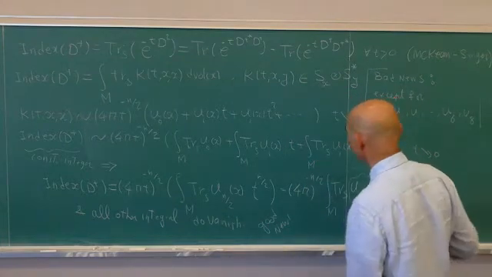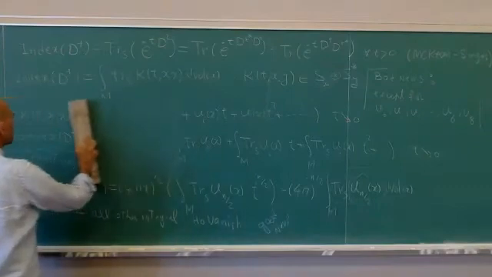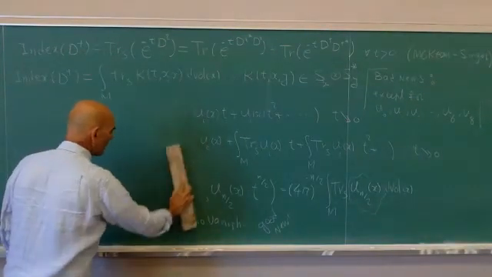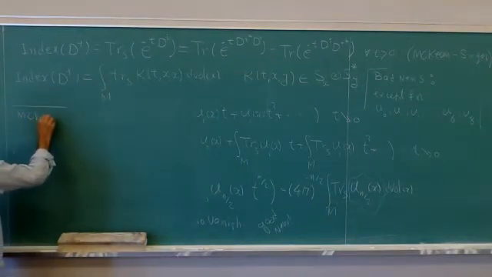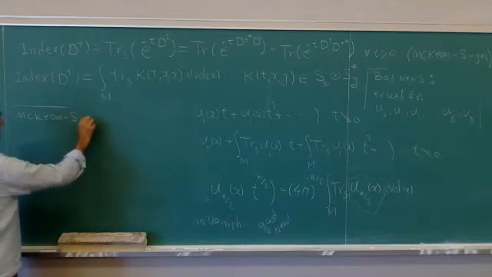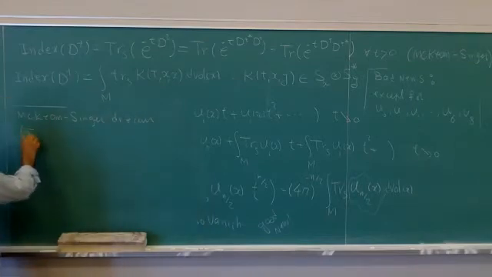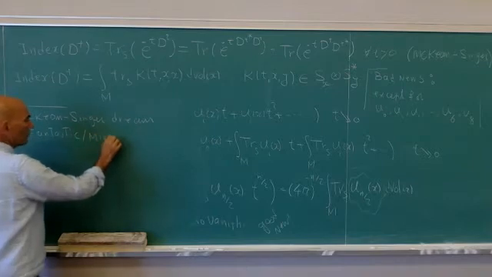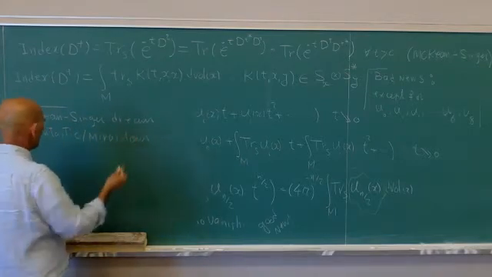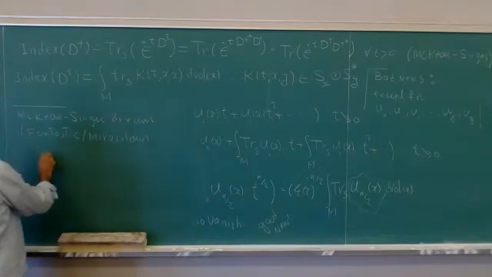So let me write it down. I'm going to erase this part. So they had a dream then. Atiyah-Singer: this is what is called fantastic or miraculous. I don't know what was the exact wording. I think all of these mean more or less the same thing, just miraculous cancellations.